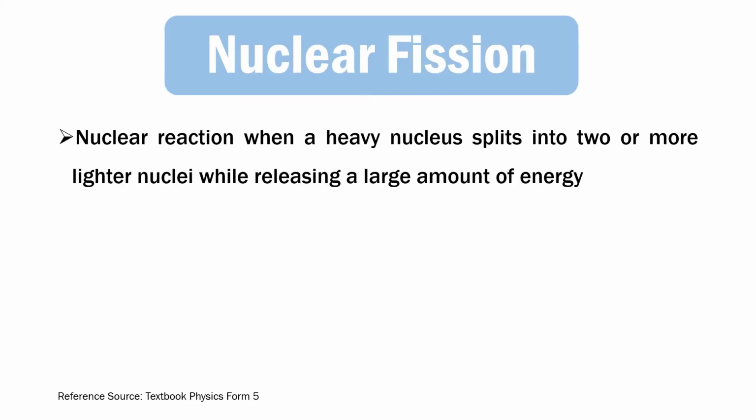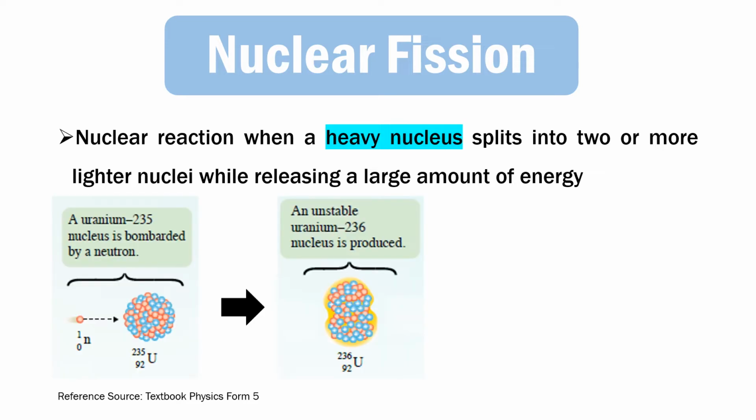Nuclear fission is a reaction when a heavy nucleus splits into two or more lighter nuclei while releasing a large amount of energy. With these words, you might not fully understand it. Here I give you an illustration. A heavy nucleus uranium-235 is bombarded by a neutron, then it becomes an unstable uranium-236.